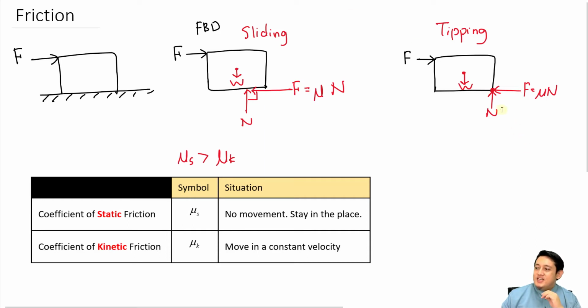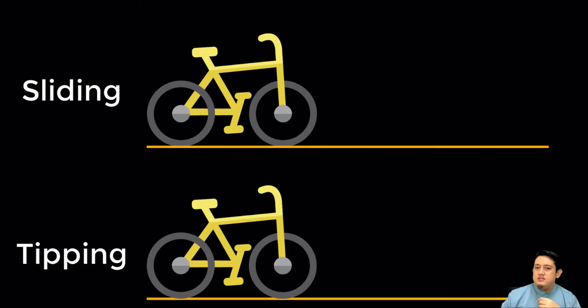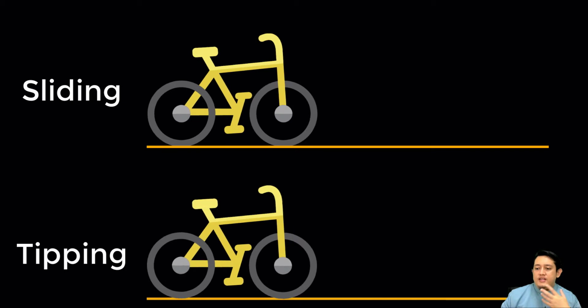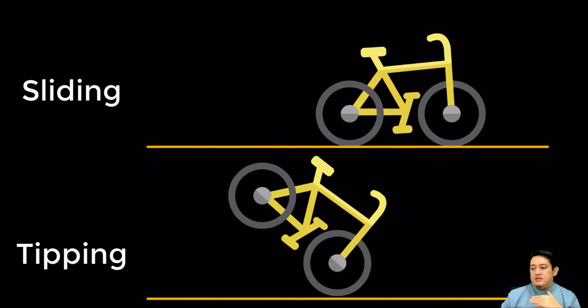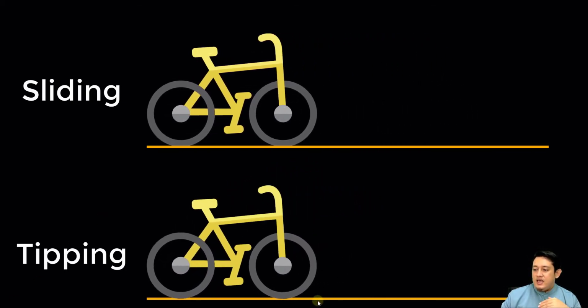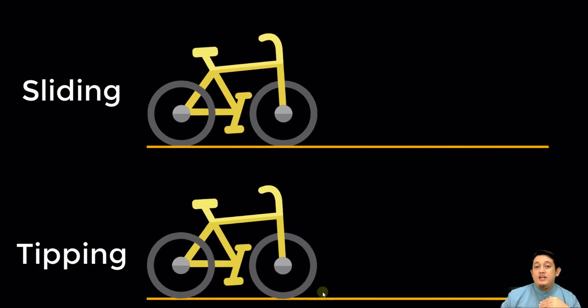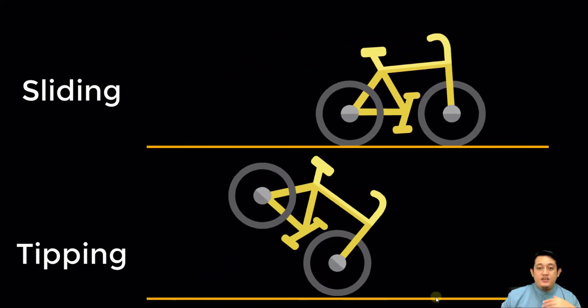Here, as you can see, the position of the normal force is actually at the tip of the object. Why? Refer back to this picture here, this animation. As you can see, when we want to tip something, this is the only area that made contact with the surface.